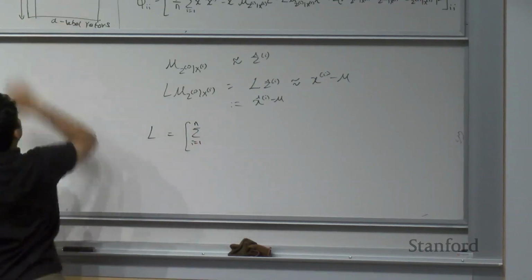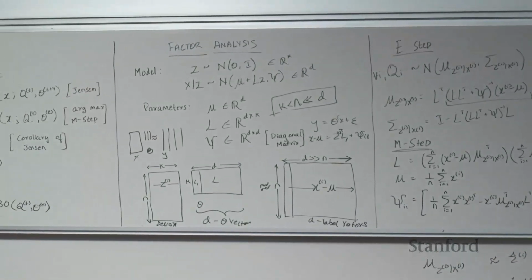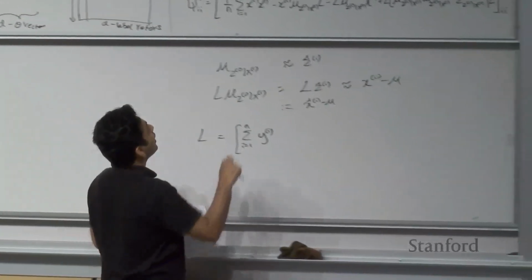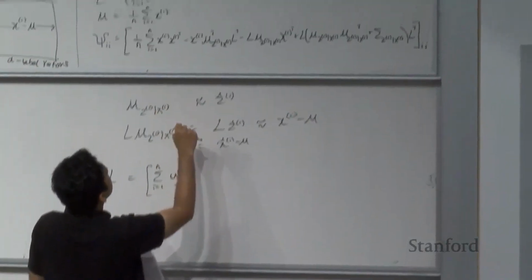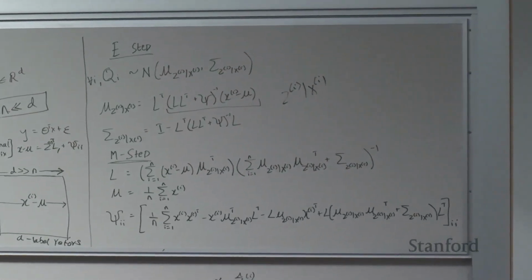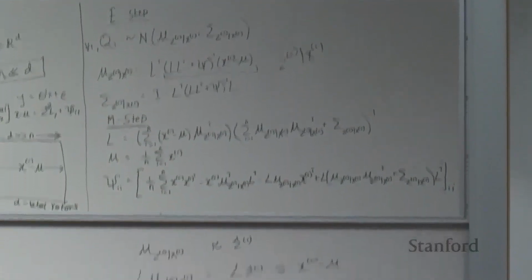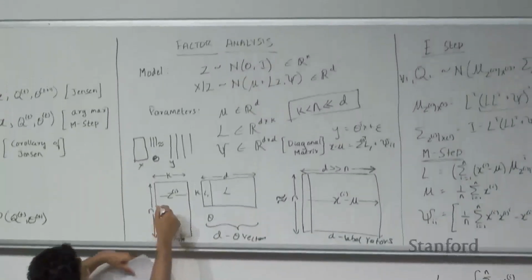So x_i minus mu, let's think of it as y_i, following the linear regression example, and mu of z_i is basically this entire vector z.